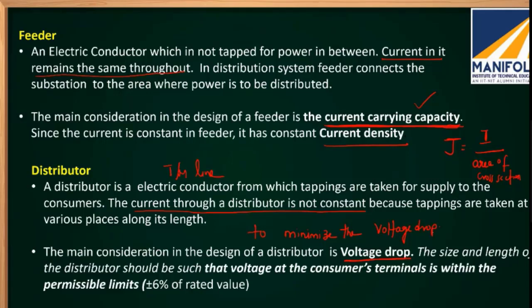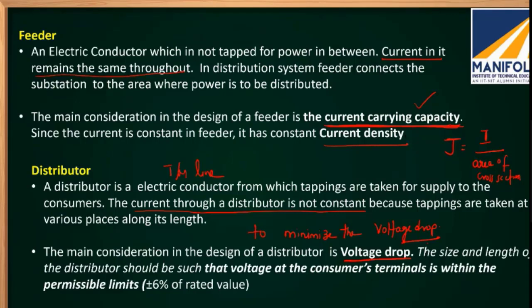Why? Because all customers should get proper voltage. So at the sending end of a distributor, usually the customer will get high voltage. At the far end of the distributor, the customer will get low voltage. However, we have to design the distributor in such a way that the overall voltage drop in the distributor is minimum, so that every customer who is tapping power from the distributor will get proper voltage profile.